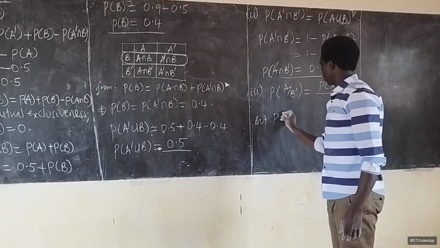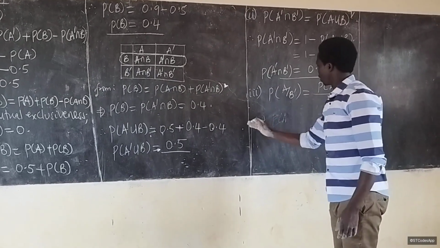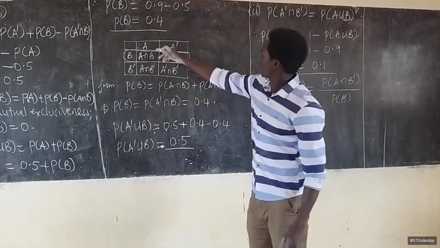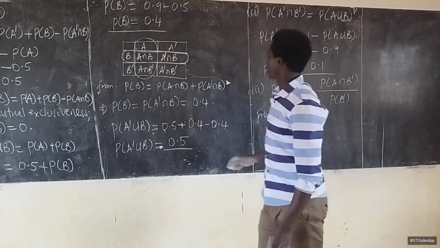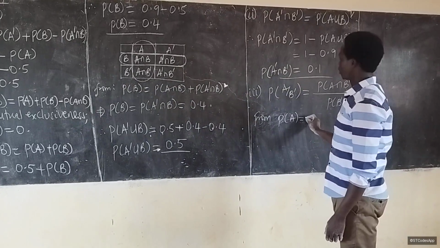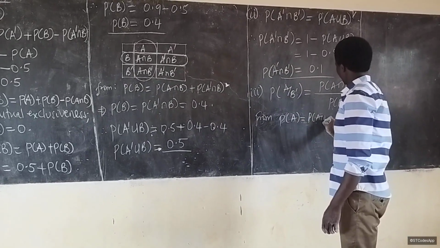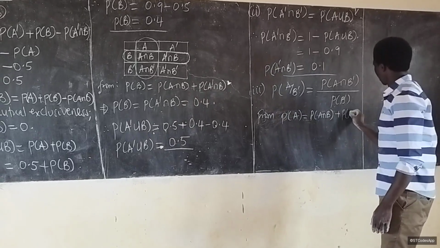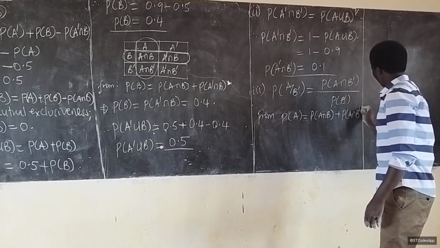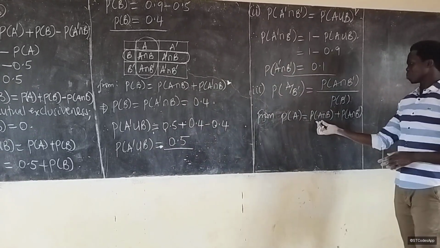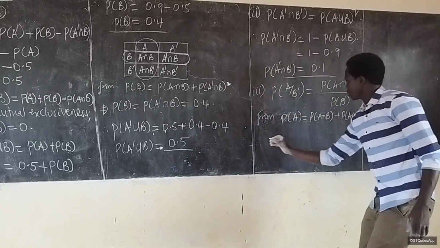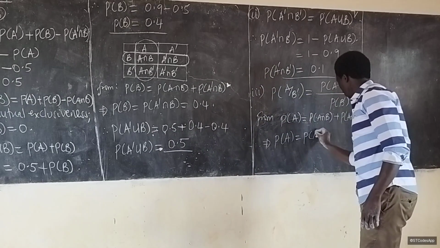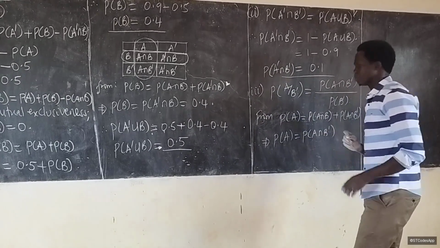but from probability of A, this one, we want to get this. Probability of A is equal to probability of A intersecting B plus probability of A intersecting B prime. Remember, A and B are mutually exclusive, so meaning A intersecting B is 0. So this implies that probability of A is actually the same as probability of A intersecting B complement.